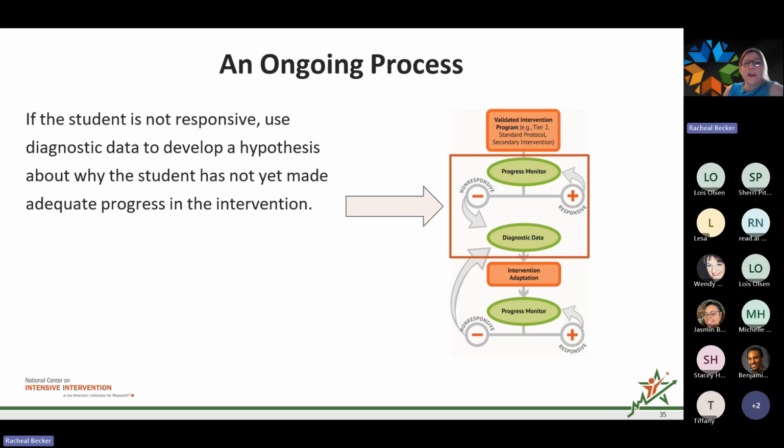Oh, I jumped ahead in my thoughts. It's an ongoing process. If the student is not responsive, use diagnostic data to develop a hypothesis about why the student has not yet made adequate progress, and then start the process again. So progress monitoring is at the heart of the DBI process.